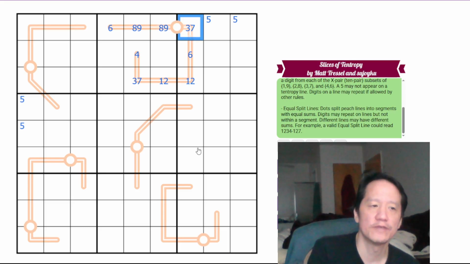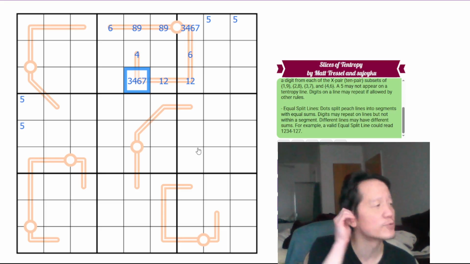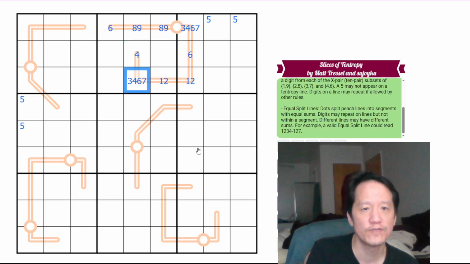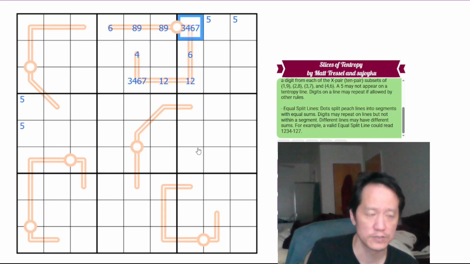This would then have to be... 8 would have to be one of these 2. So 8 would have to be here or here. This would be 4 and 6. Because you'd have 1, 2, 3, 4, 6, and 8 adding up to 24. So this would be 4, 6. This would be 4, 6.